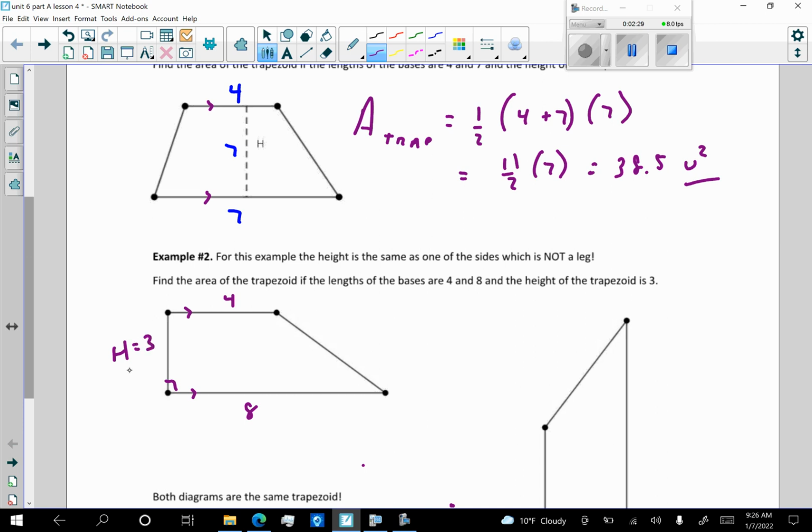So the area is 1/2 the sum of the bases, 4 plus 8, got a little ahead of myself, times 3. 4 plus 8 is 12, divided by 2, times 3, I believe that's going to be 18 units squared. Check my arithmetic on that, please.